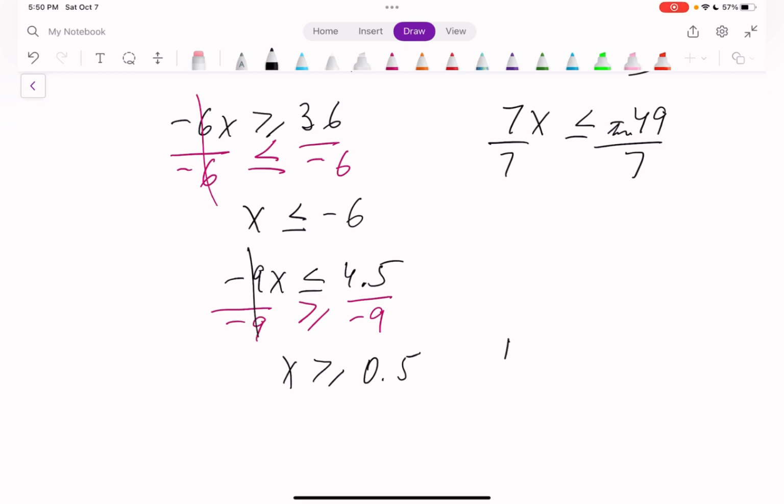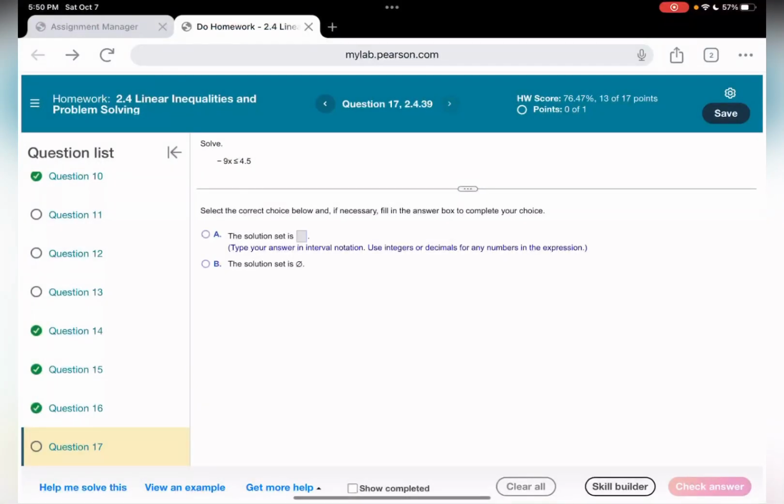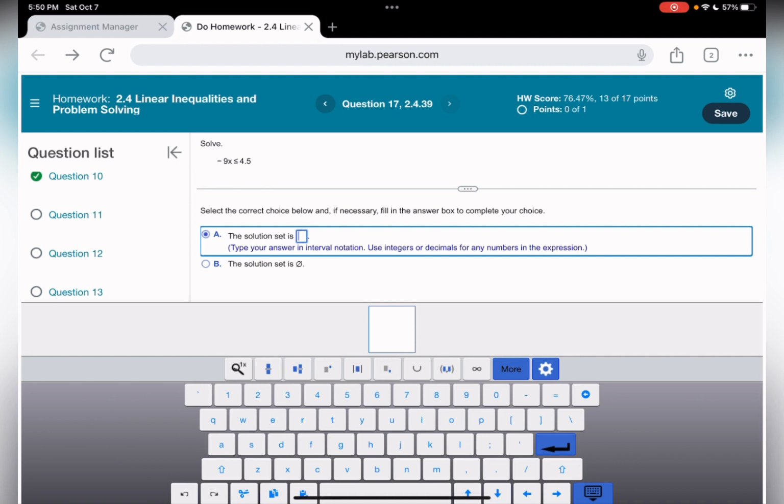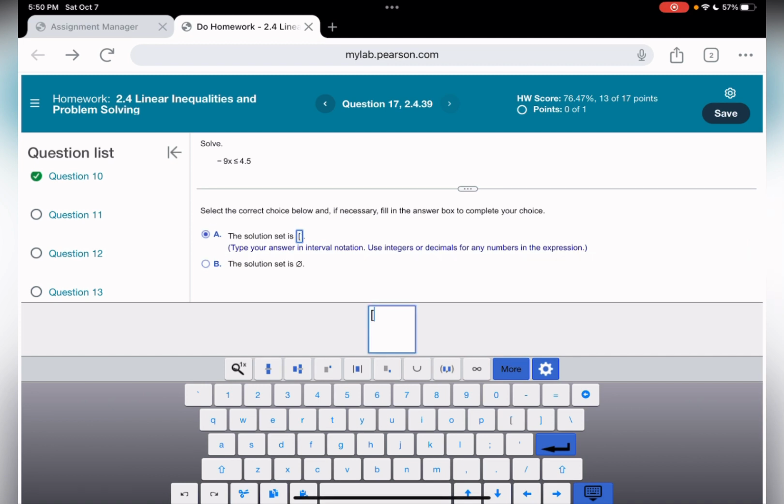In the form of notation, square bracket, negative 0.5, comma, and positive infinity, parentheses.